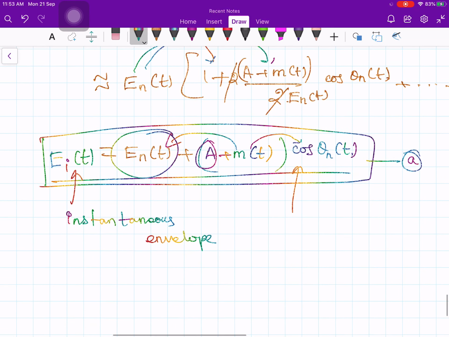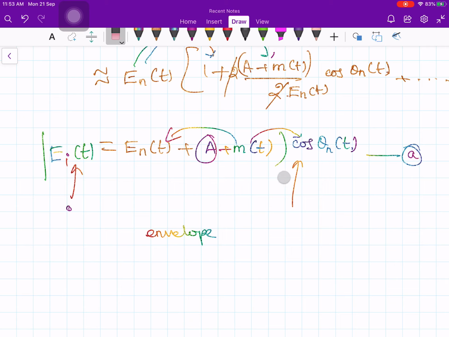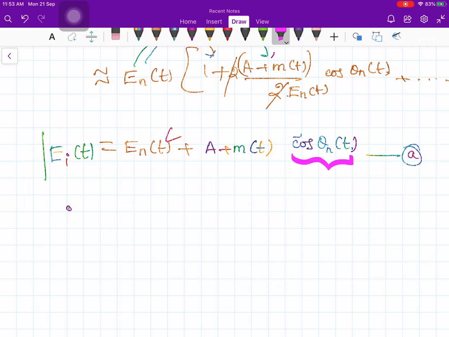So this is also noise, and this is also noise. So we will be in trouble. This message is getting multiplied by the noise component, and that multiplication does not help, because m of t times cos theta n is still noise.